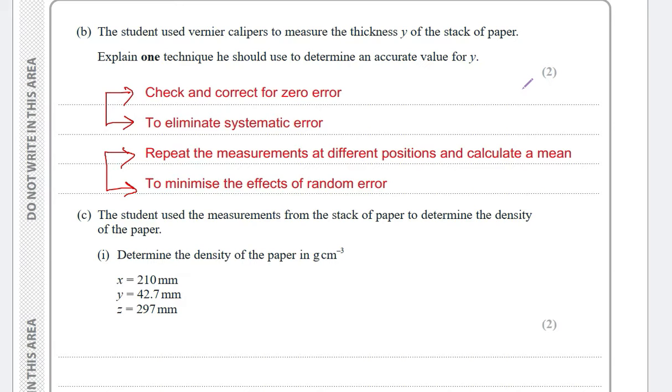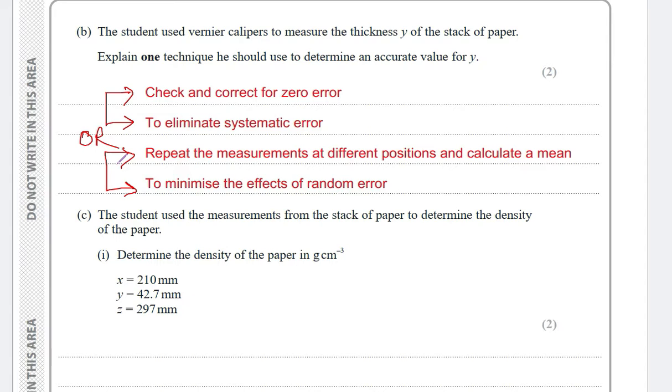Check and correct for zero error. And why would you do that? To eliminate systematic error. Or this pair of points: repeat the measurements at different positions and calculate a mean to minimize the effects of random error. Like I said, you have to write this in points. Either you talk about systematic error or you talk about random error.